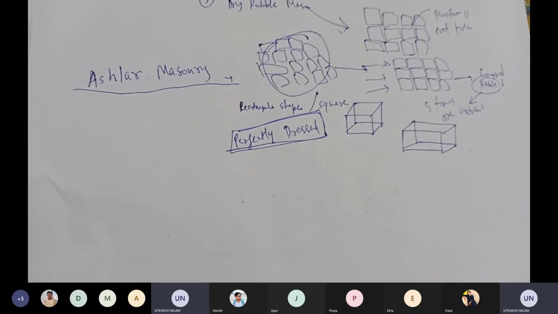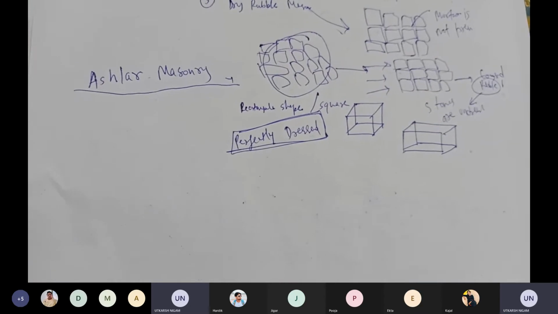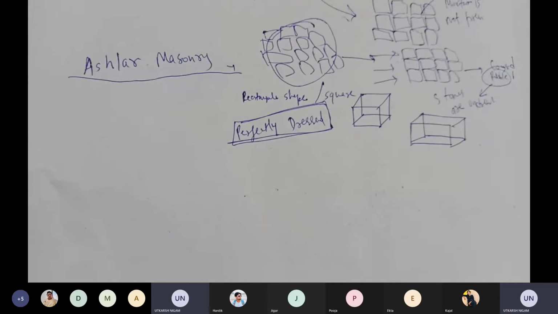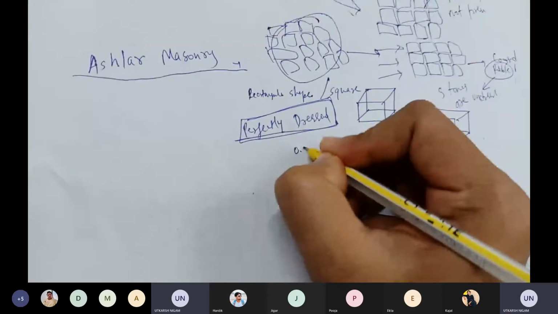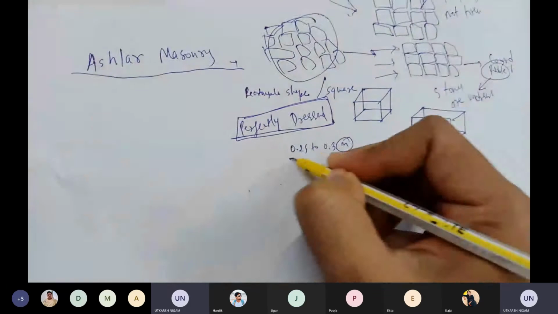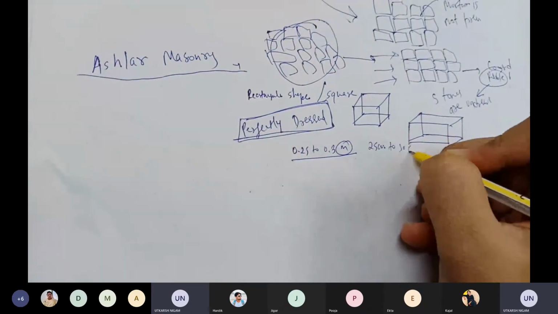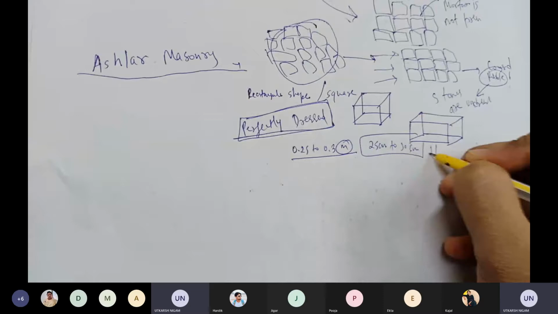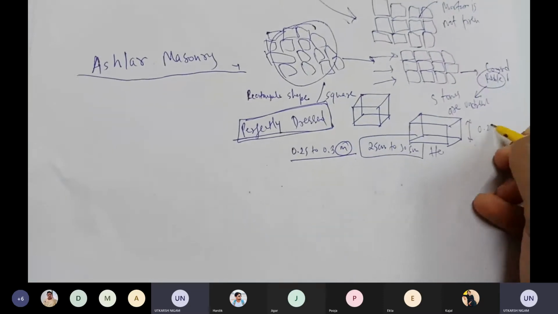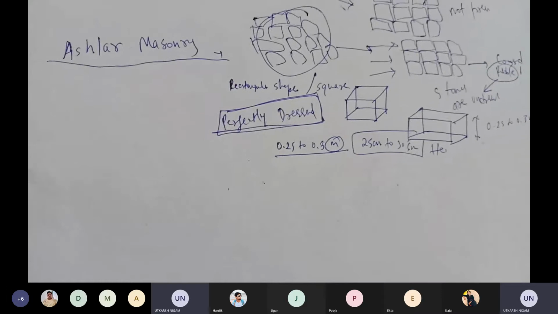The height of the stone may vary from 25 to 30 centimeters, that is 0.25 to 0.3 meters. So that is ashlar.